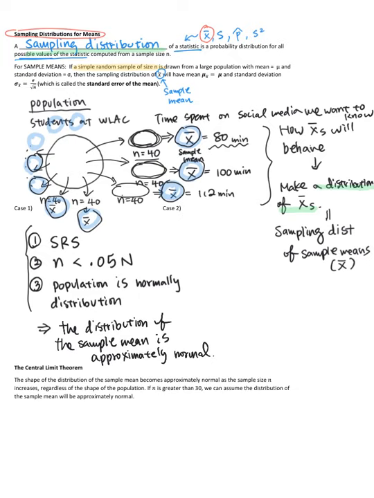Okay, so case 1 says if your sample is a simple random sample, and if the sample is independent, so n is less than 5% of the entire population size, and also if you know that the population is normally distributed.